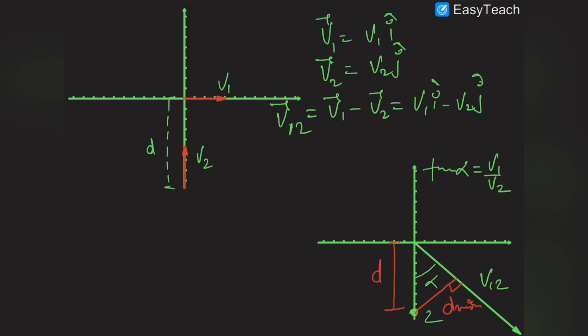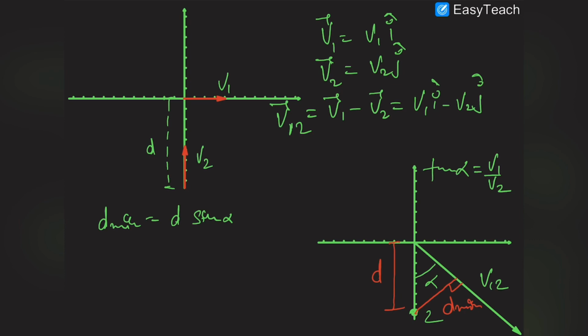So I can say that d minimum is equal to, let us use the same ink, d sin alpha. This distance is d cos alpha and this is d sin alpha.